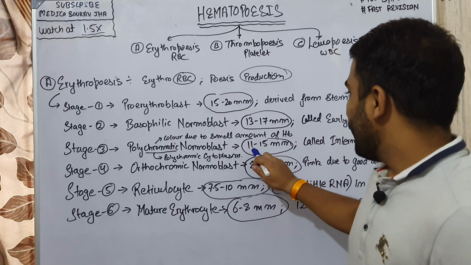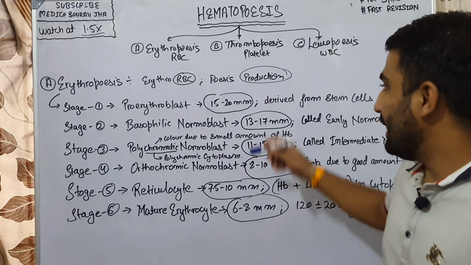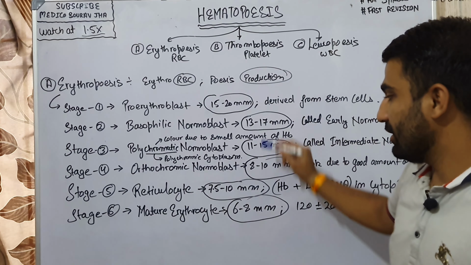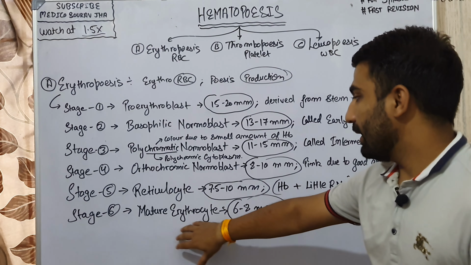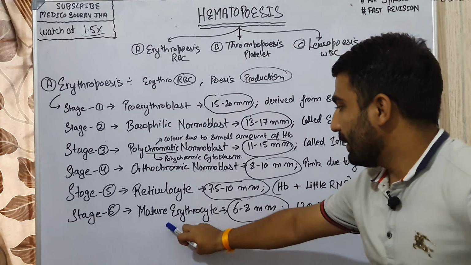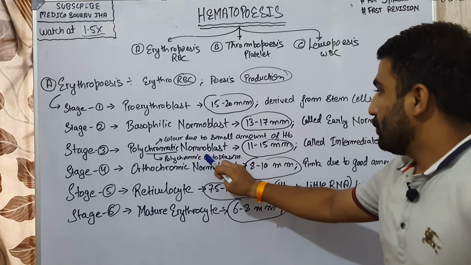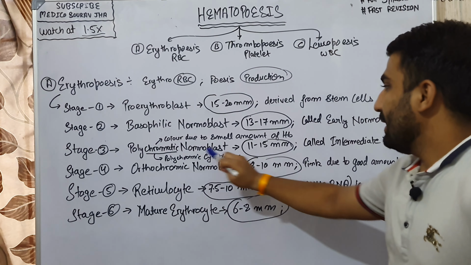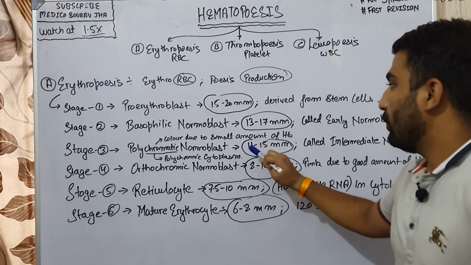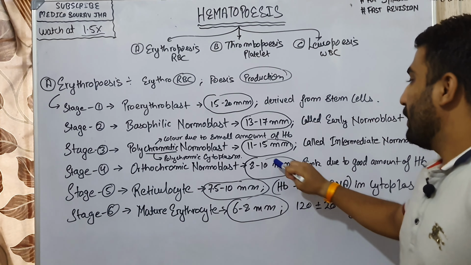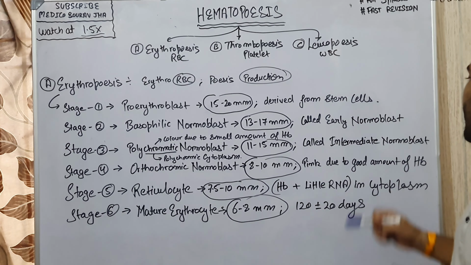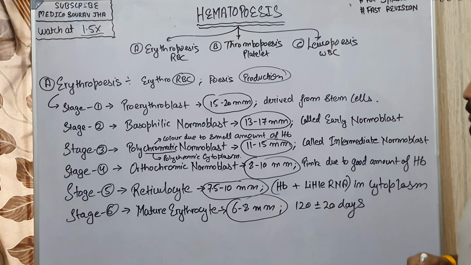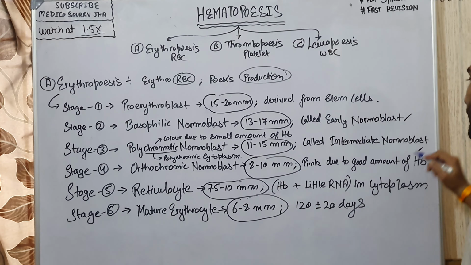Okay, so 11 to 15 millimeters in size, the size is decreasing when the stem cell is becoming mature into the mature erythrocyte. So the polychromic cytoplasm is seen in stage 3, which is also called polychromic normoblast. It is also called the intermediate normoblast. Early normoblast, intermediate normoblast.